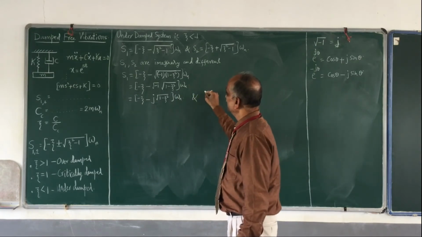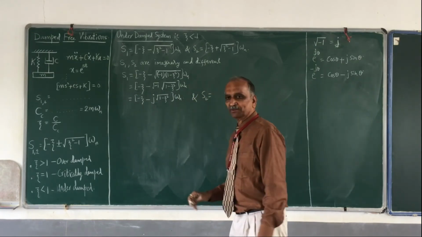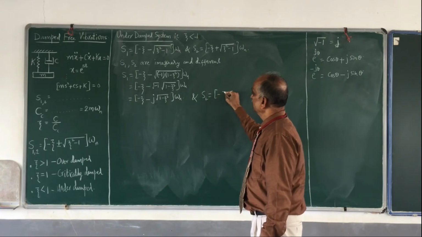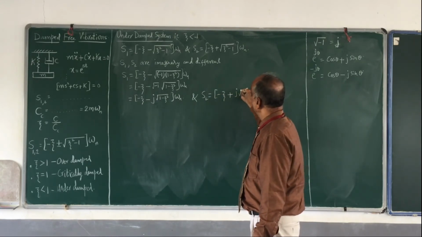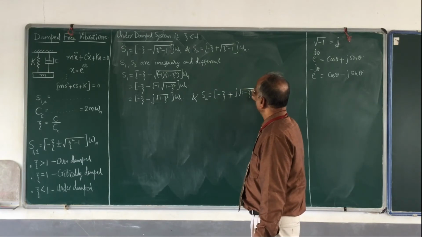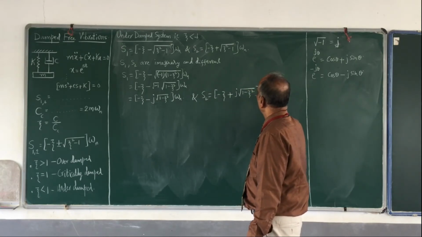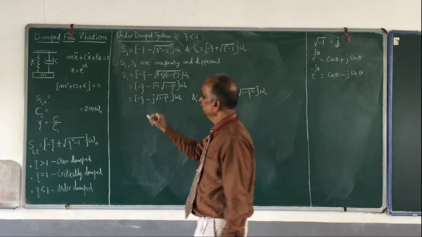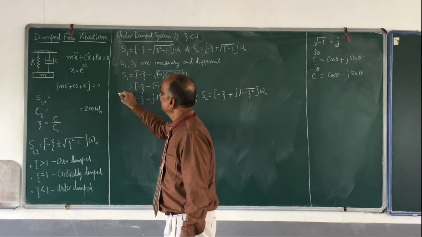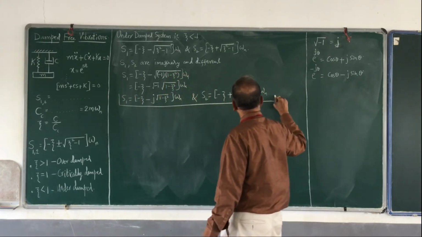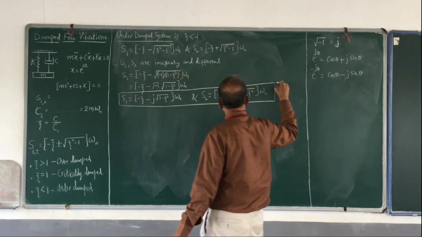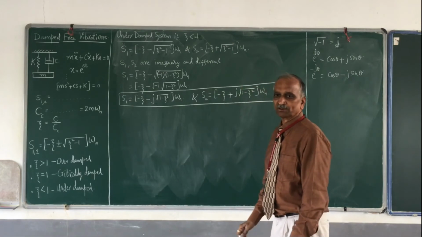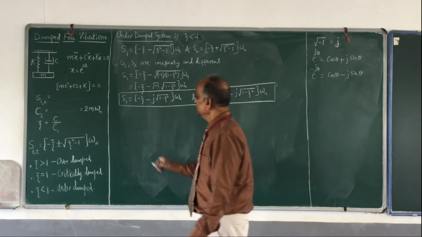And so I shall straight away write s2. What happens? s2 is equal to minus theta plus j into root of 1 minus theta square multiplied by omega n. Very, very important. So this is your s1 and this is s2. Okay, so now once I know S1 and S2, now I go for what is called as general solution. What is general solution?